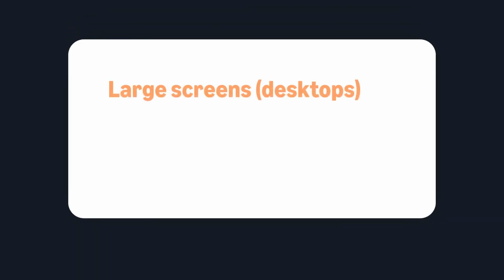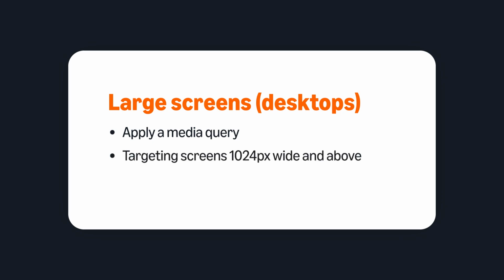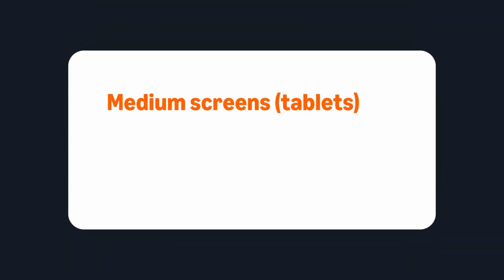Here are some guidelines for applying the media query. For large screens, such as desktops, all 4 columns can be shown side by side. You can maximize the widescreen by applying a media query targeting screens 1024 pixels wide and above. But what about smaller and more portable devices we all use every day? For medium-sized screens such as tablets, you could display 2 columns side by side to more effectively utilize screen space.